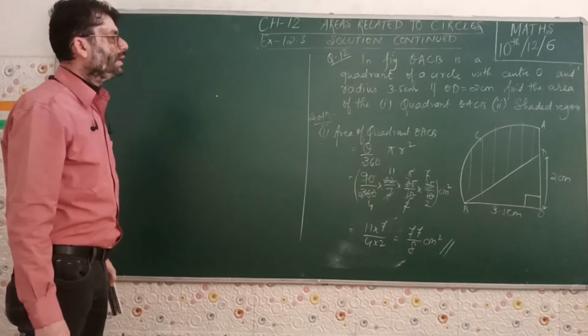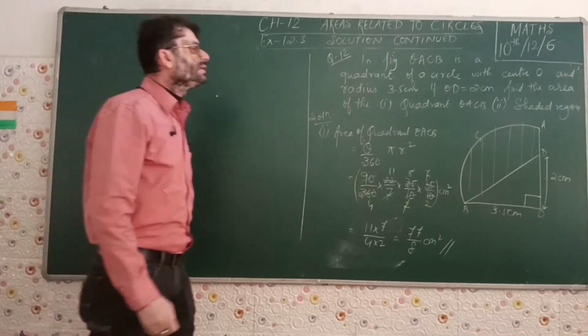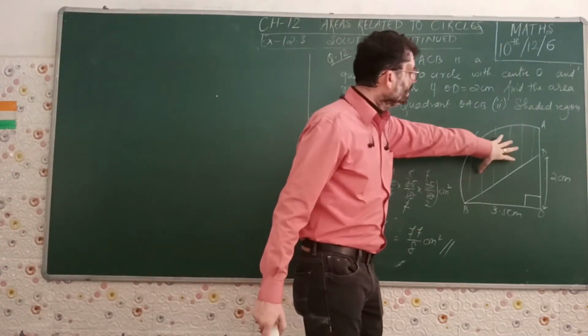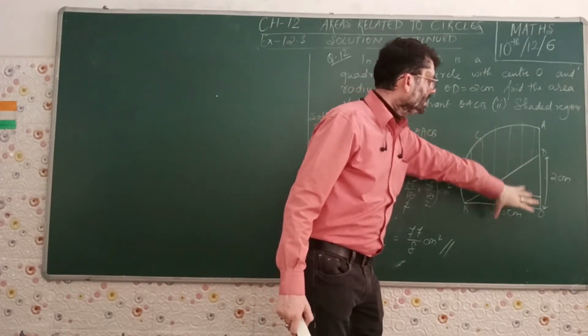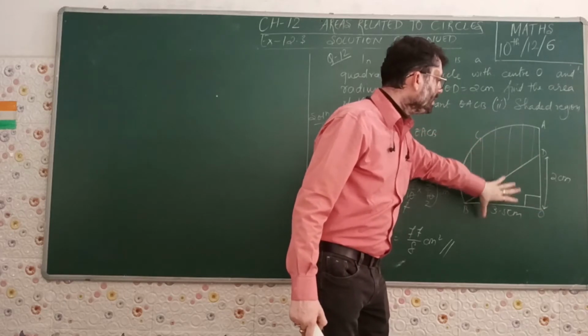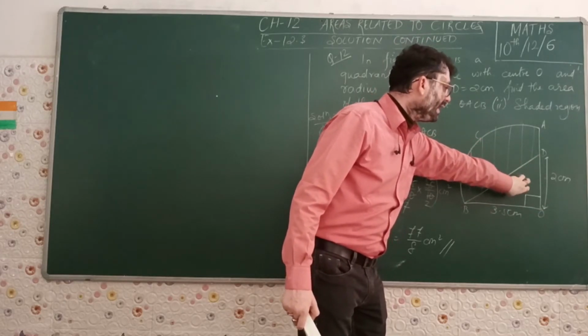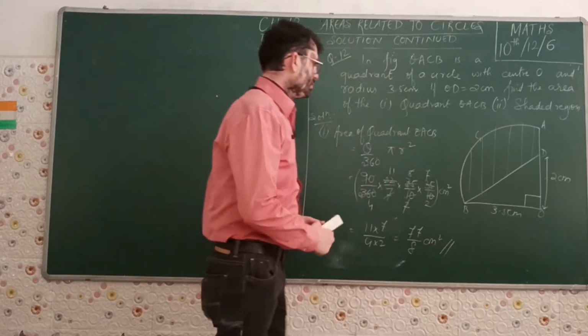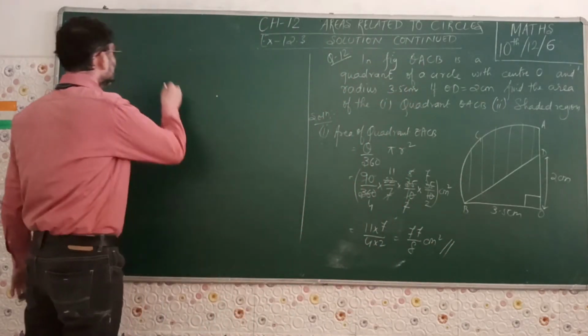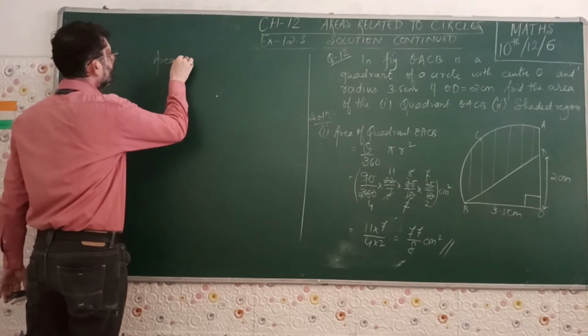Moving on to the picture part, we need to find the area of the shaded region. We need to find the area of this shaded region. We can see that area of the shaded region can be calculated by subtracting the area of this triangle from the area of the quadrant. So area of shaded region, we can move on with that.